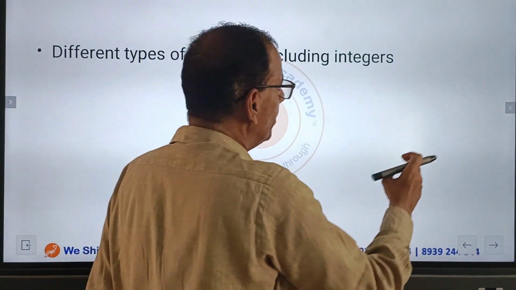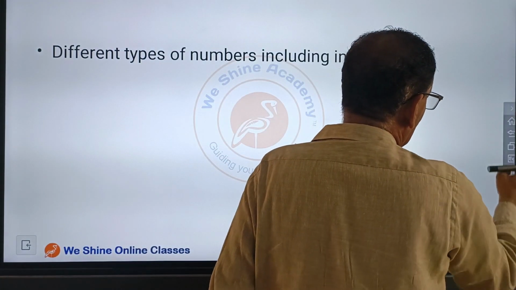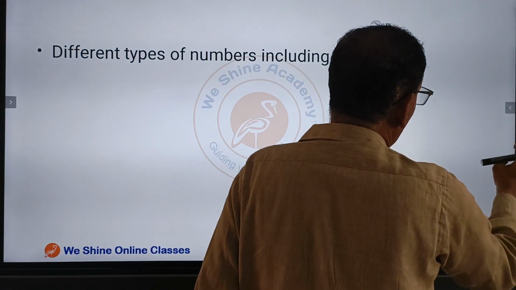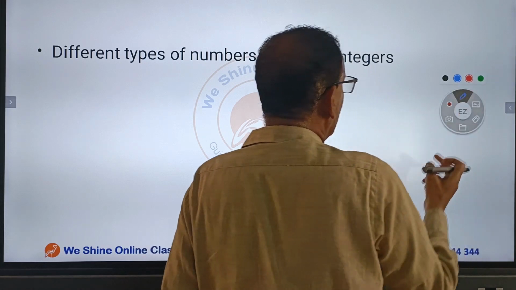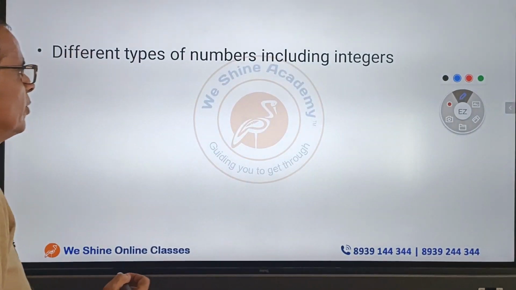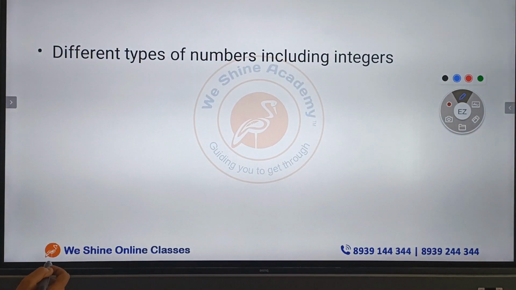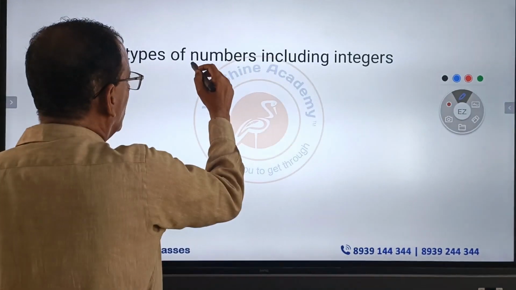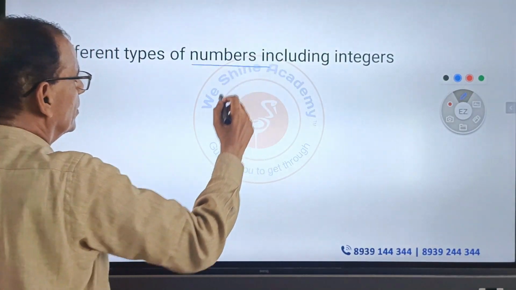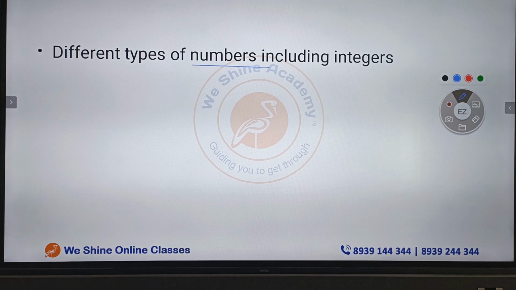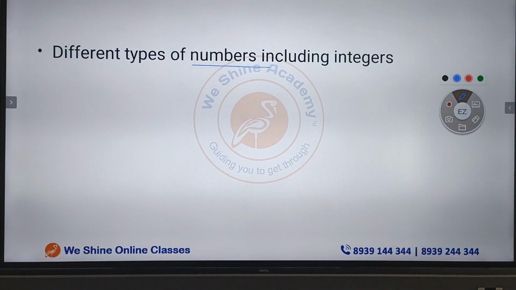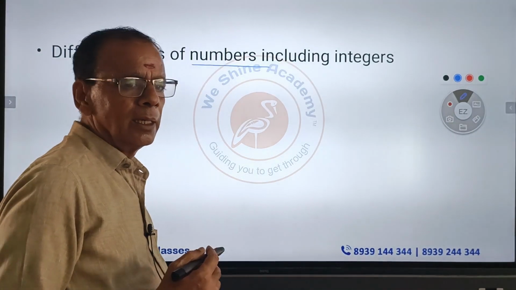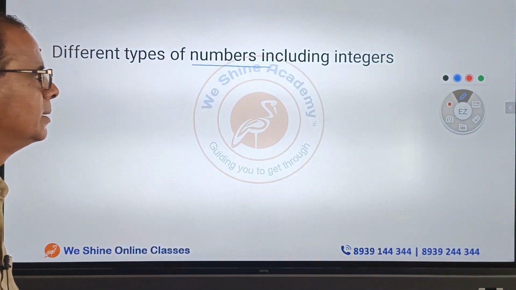Different types of numbers. CHSL, basic, we should know the fundamentals. What are the types of numbers? Prime number, rational number, natural number, whole number.